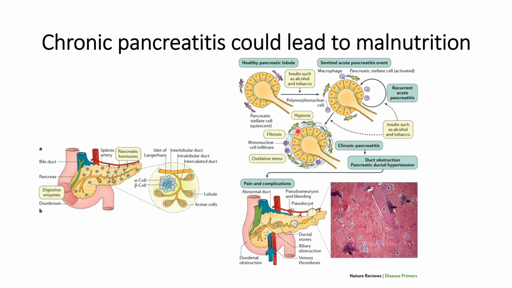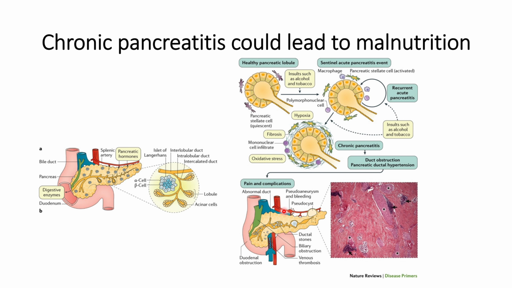So what happens when the person reaches this stage? It leads to chronic pancreatitis, that is, duct obstructions will occur. In 80% of the cases, the people remain asymptomatic. However, in only 20% of the cases, the patients get some symptoms, and those symptoms could be mainly due to the factors that I mentioned in this figure.